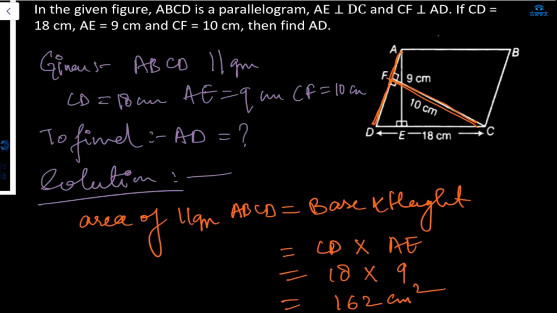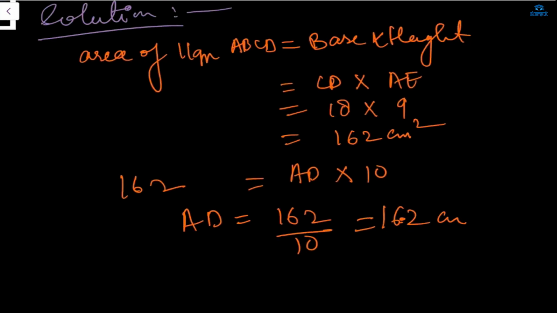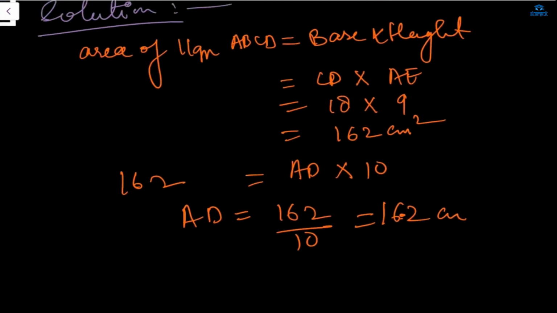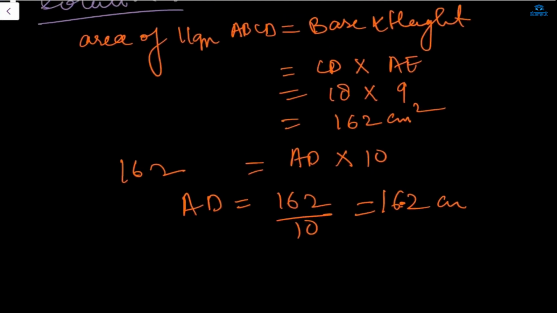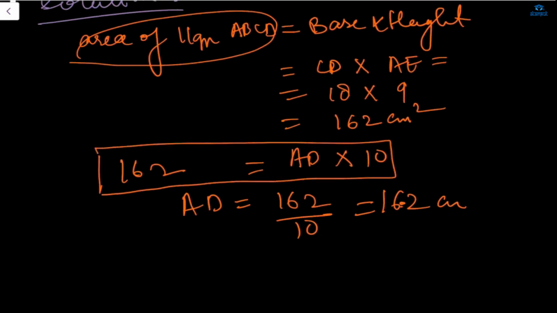In fact, I have done the same thing. You are equating only, directly writing it in this one. What I have done, I have first found out the area, and then I put the area directly equal to AD into 10.